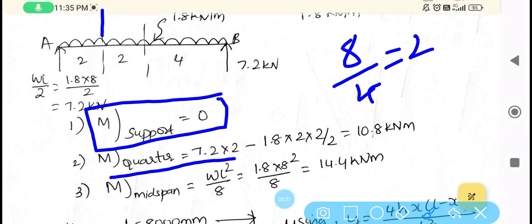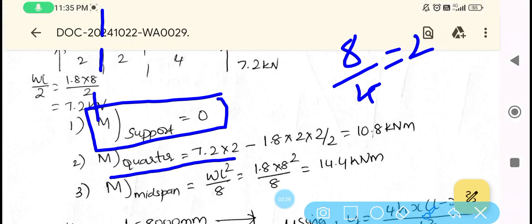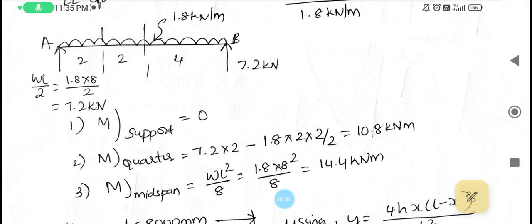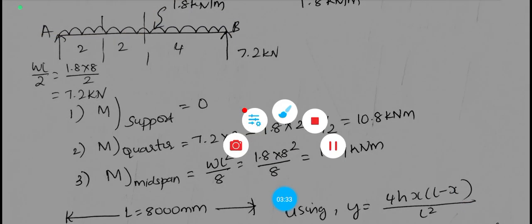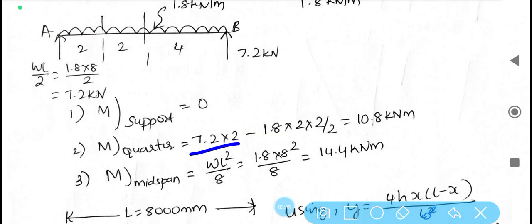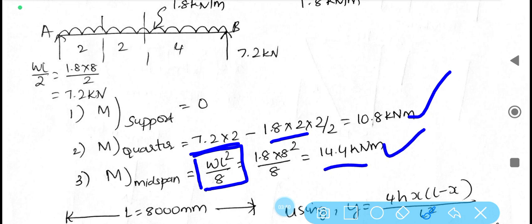So we need to take a section at 2 meters. And after that, it is WL by 2, that is the reaction value 7.2, into 2 minus 1.8 into 2 into 2 by 2, we get it as 10.8. And lastly we have the direct expression at the central span. Substitute it, we'll get the answer.